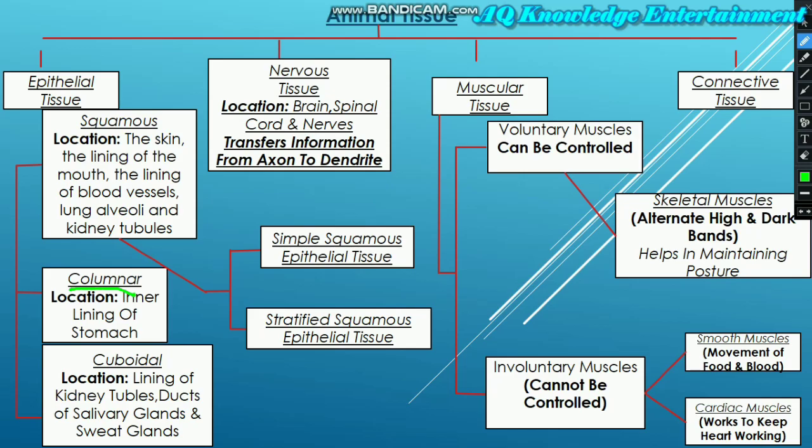What does columnar mean? It actually means pillar-like. Why are they called so? Because the cells of the columnar tissue are long. Now, epithelium facilitates movement across the epithelial barrier.